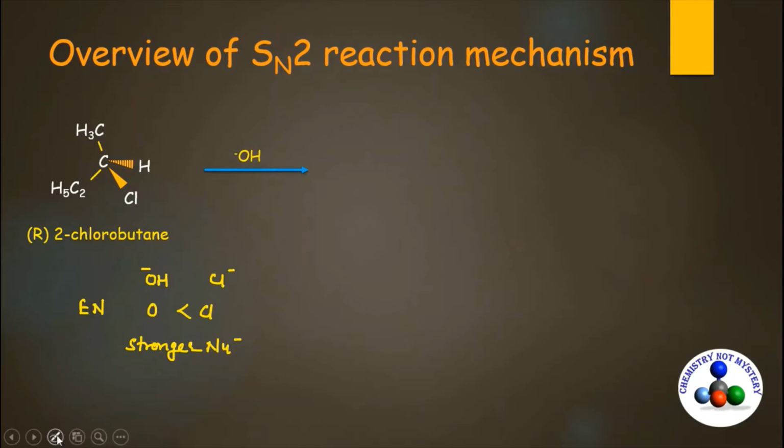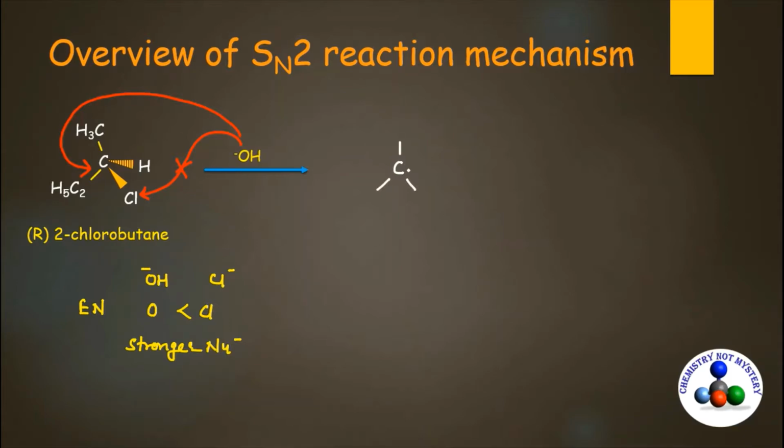Now come to the attack of OH- nucleophile. OH- cannot attack from the same side where Cl is bonded to the carbon because it has to face repulsion from the Cl. So it will prefer to attack from the backside of the molecule. So when it attacks from the backside of the molecule, it results in the pentavalent transition state.